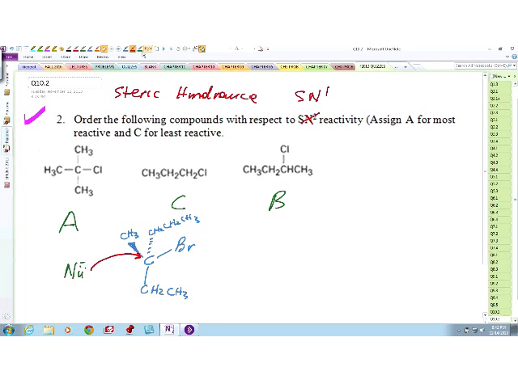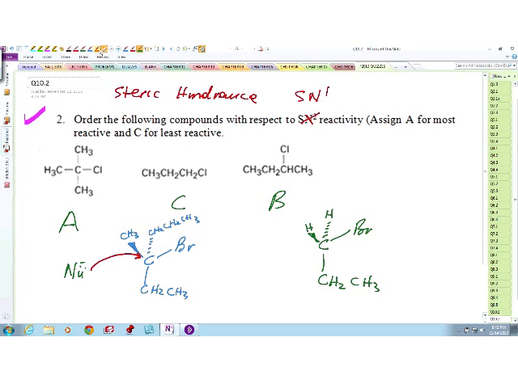As opposed to if you just have this. Say for example you have this. Hydrogen is a smaller atom than all of this alkyl group here.